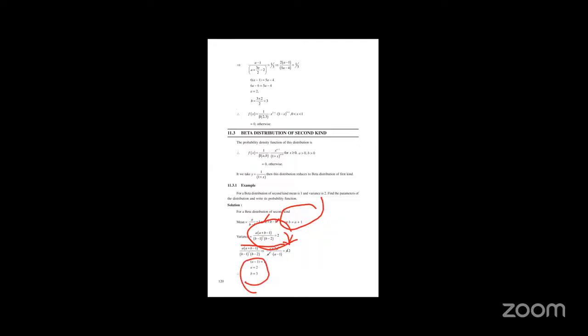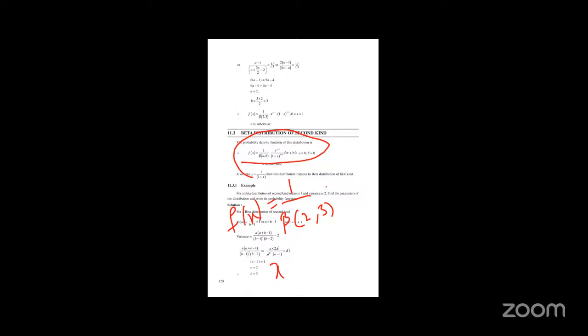Later they're asking us to write the probability function. So we need to substitute these a and b values here. So f of x is equal to 1 by beta of 2 comma 3 into x power, a is 2, 2 minus 1, by 1 plus x power 5.